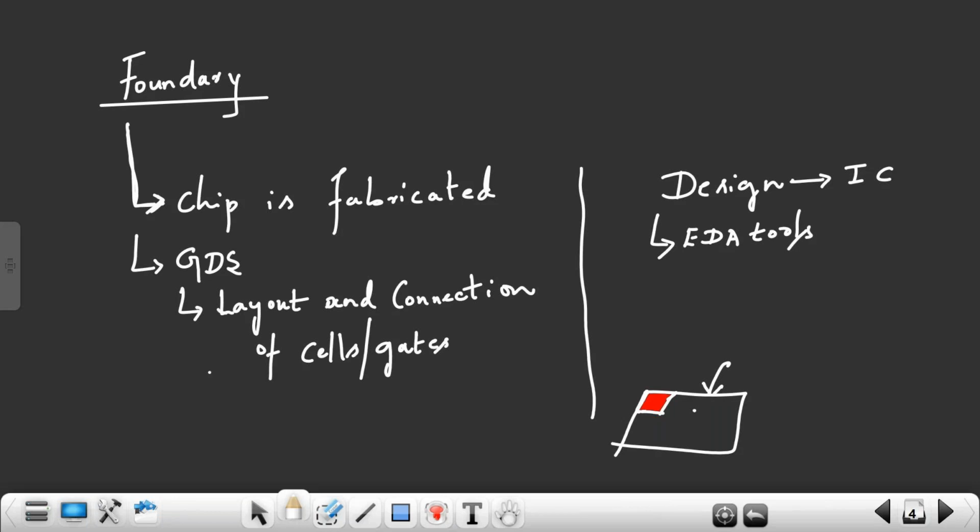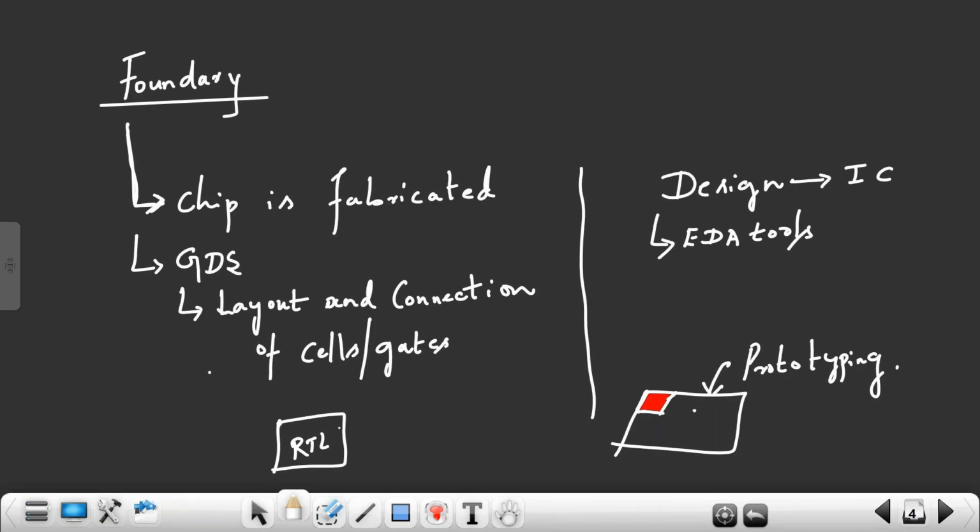The second thing is you can use FPGA for prototyping. I have written one piece of RTL code, using Verilog or VHDL.